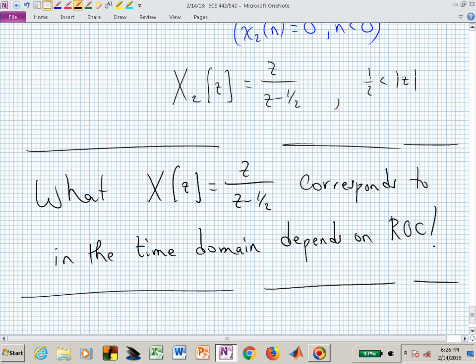I hope I've driven that fact home. Now you have to look at the region of convergence, and then how do you translate that into where it's going to be supported? Well, you can look at your series expansion for capital X of z and see which limiting case eliminates the negative indices or the positive indices. You don't have to memorize everything. You just have to sort of draw it out.